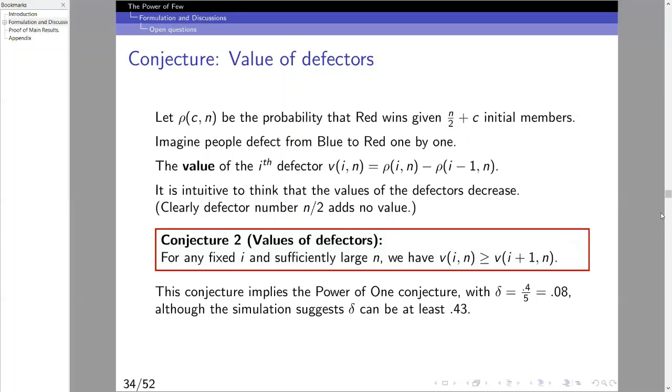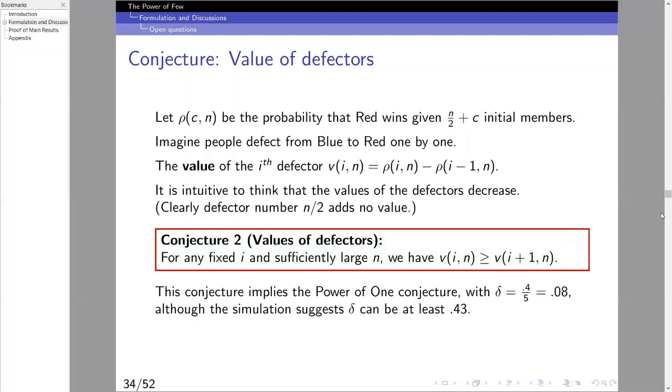Another conjecture that can imply the power of 1 is the value of defectors. So we define the value of a defector from blue to red to be the probability that red wins with him minus the probability that red wins without him.